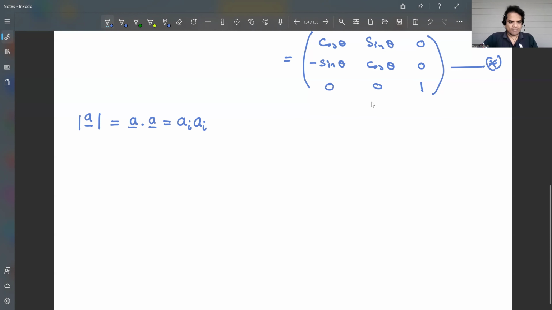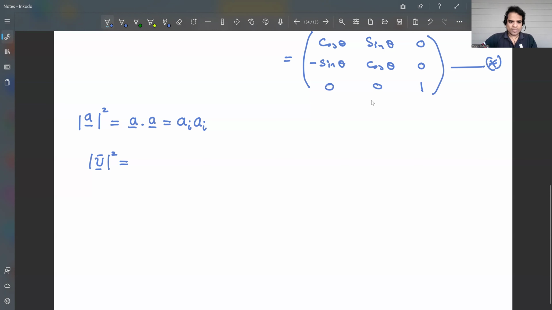I'm going to use it here. Let's take the bar coordinate system and the magnitude of the vector squared. If it is the magnitude, I would have to take the square root, so let me take the square.